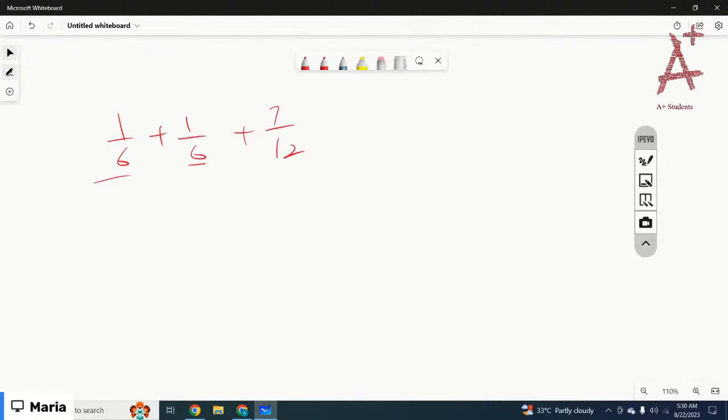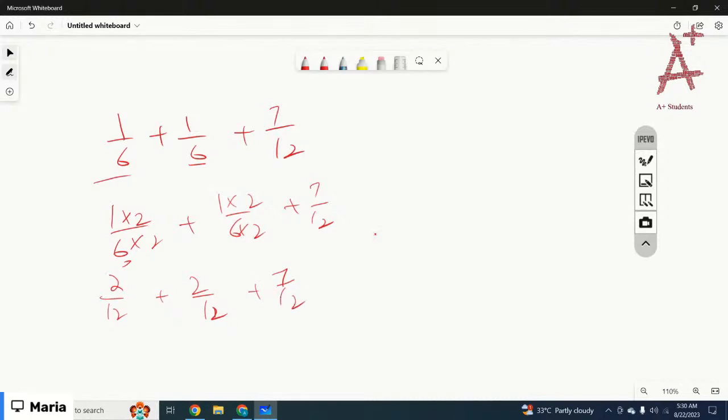Okay, so you have to make these two denominators equal to 12. So 6 times 2 is 12. Just multiply them by 2. So it would be 2 over 12 plus 2 over 12 plus 7 over 12. So when you add them 7, 8, 9, 10, 11, it would be 11 over 12. So the correct option is 11 over 12, right?